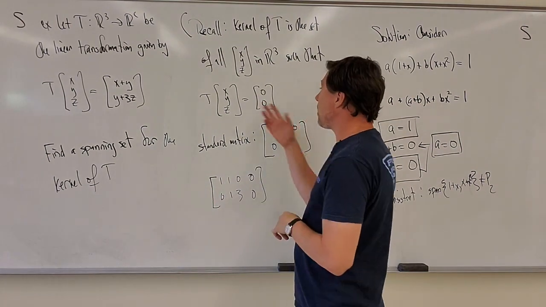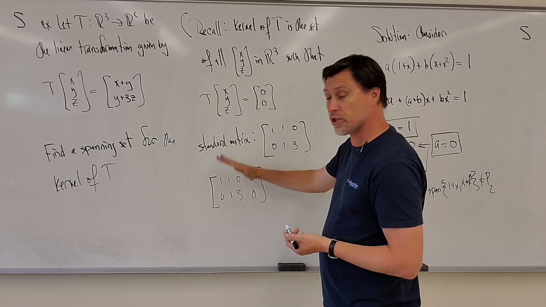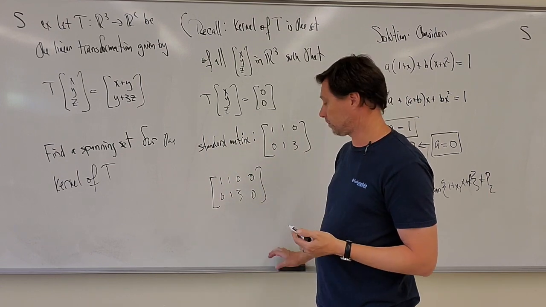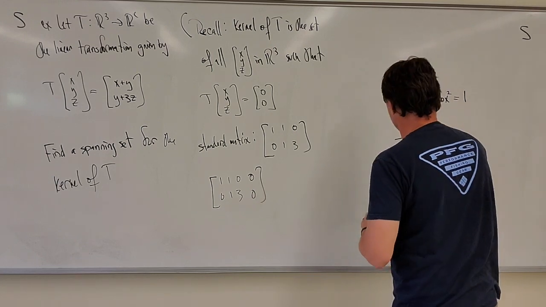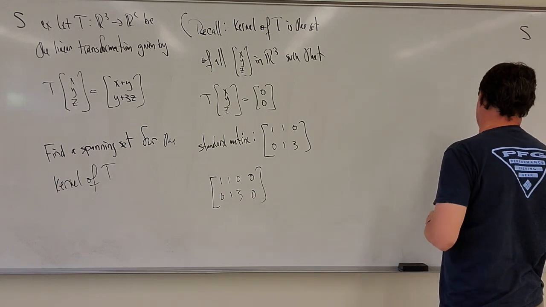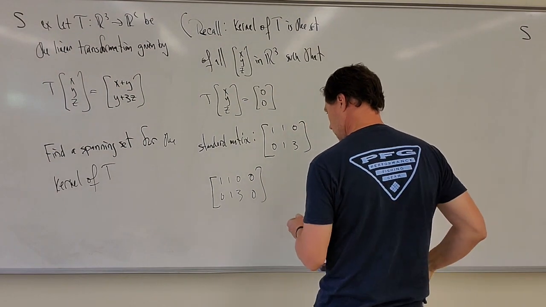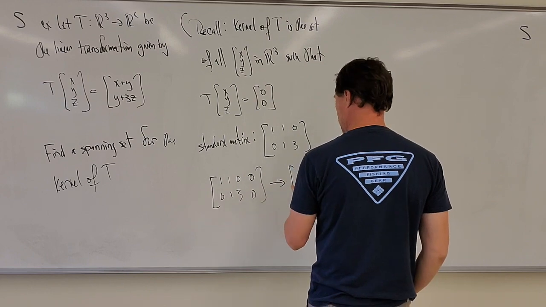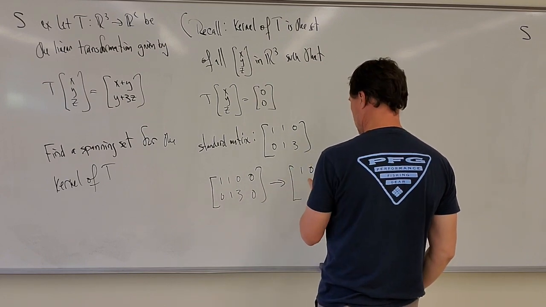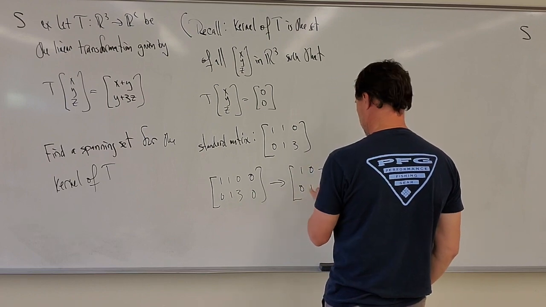So vectors in the kernel correspond to solutions to this homogeneous system right here. And this system is, well, it's almost in reduced row echelon form, so let me do one quick row operation here. 1, 0, minus 3, 0, 0, 1, 3, 0.